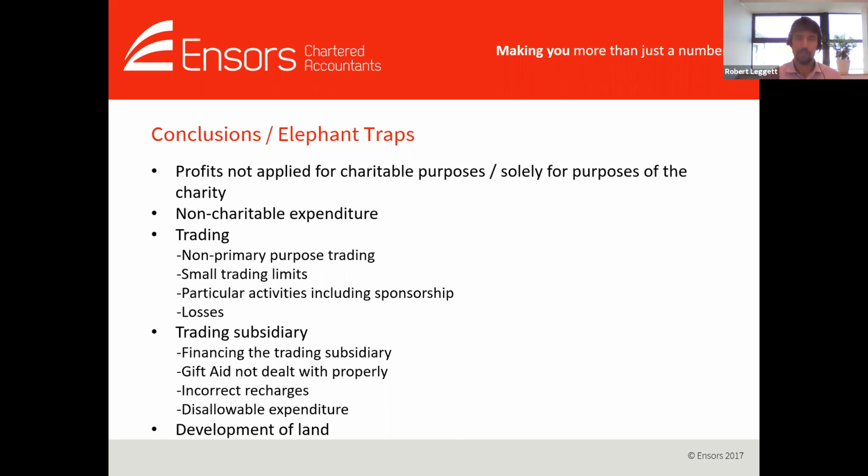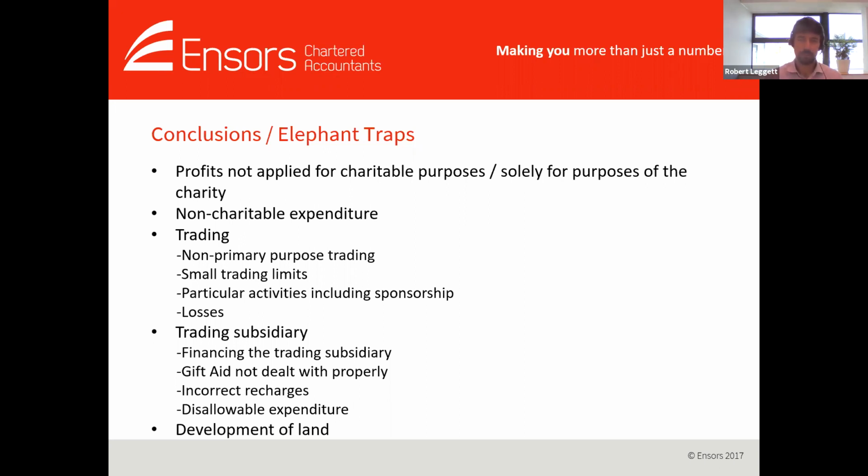If you get into trading losses, I didn't talk about those, but those are a beast of themselves. If you've got that taxable trading, then looking at the trading subsidiary may well be the right thing to explore, but it's not the panacea. You need to look at it very carefully in terms of all of those issues going on. And finally, it's looking out for land development.